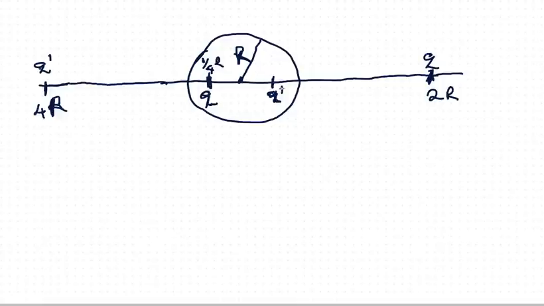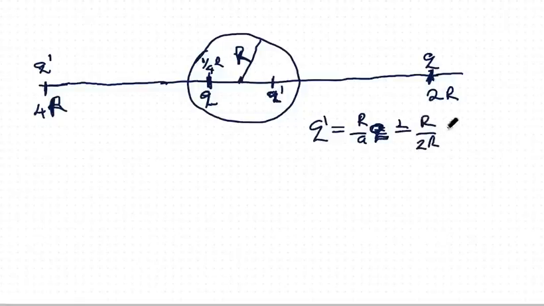We should keep in mind that we've already gotten this image charge to be equal to r over a times q, which is r divided by 2r times q, and this is equal to 1 over 2 q.